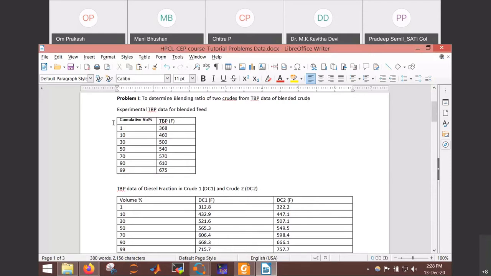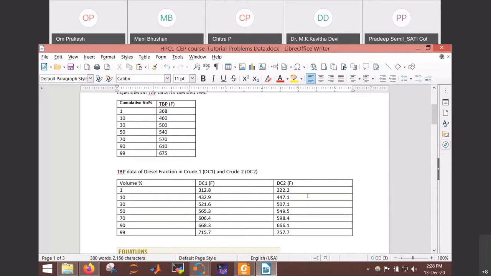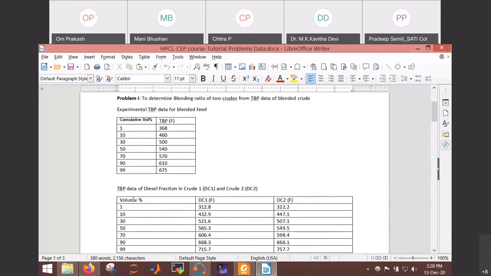So let's say this is the crude specification for my required, blended mixture, and these are my two crude oils, whose TBP data is given. True boiling point data is given. The question is, in what ratio should I mix these two crude oils so that I will get a crude oil with this property?